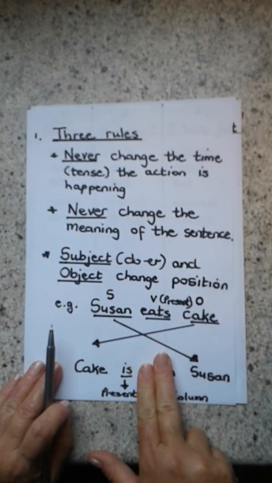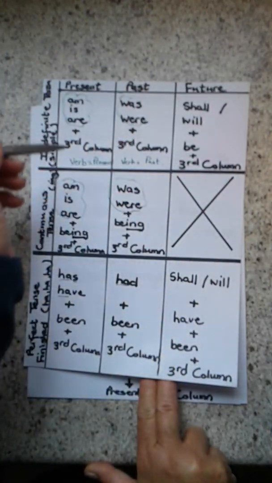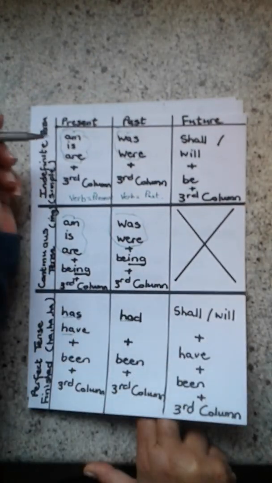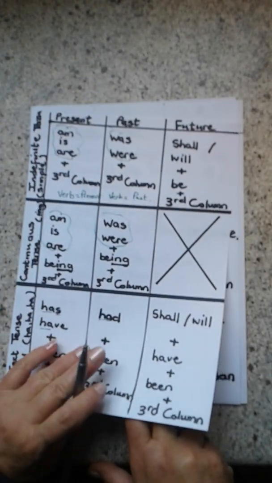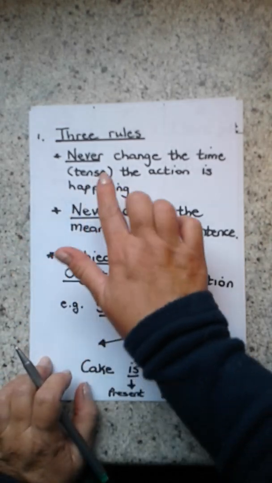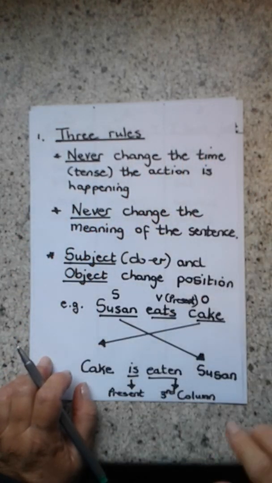Put your finger on the verb, eaten, because remember I said it's third column for all of them. Okay? Is this present? Is. Yes, is present. So I have kept it in the same time. I did not change the time it is happening.